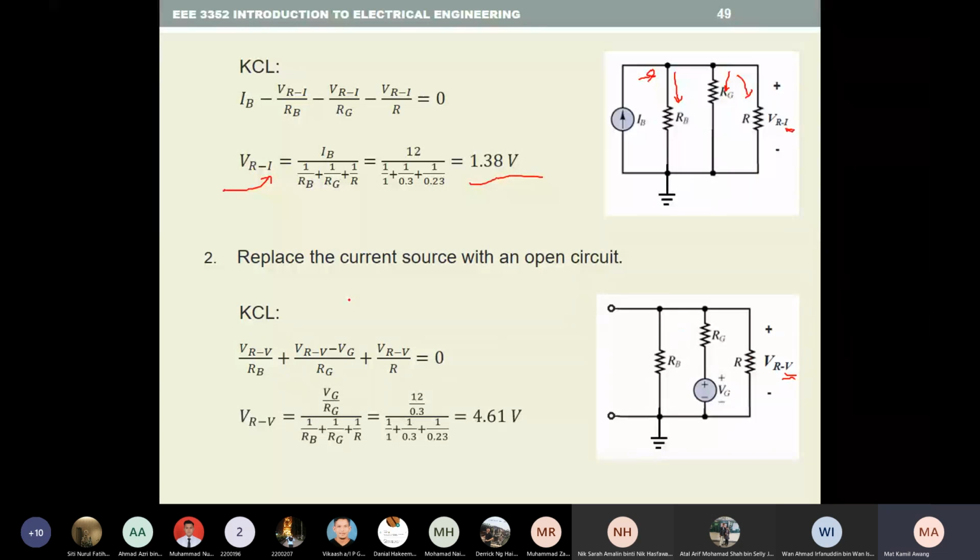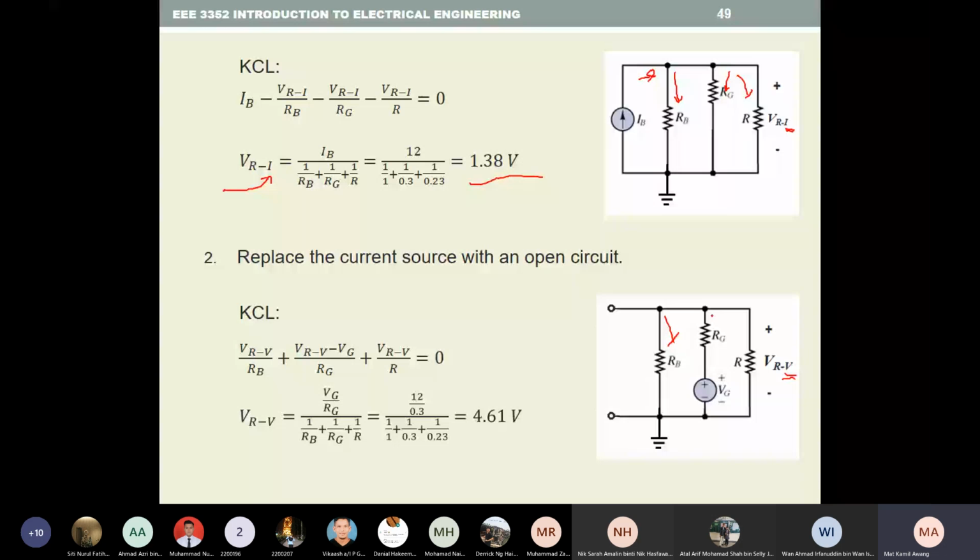So now, what is the KCL? It's clear that the voltage across here is VRV. So the current here is VRV over RB.